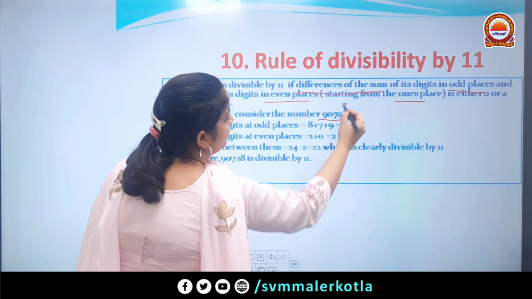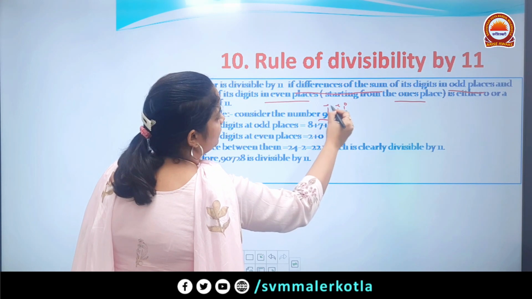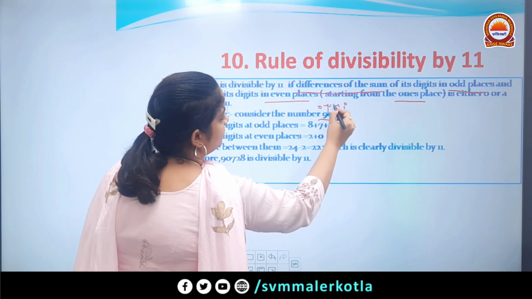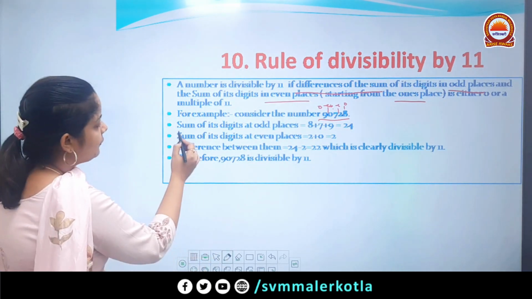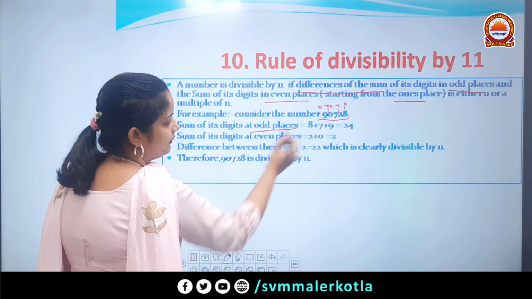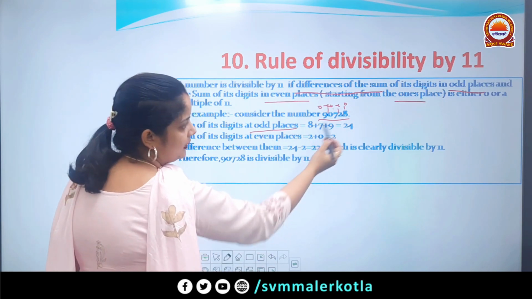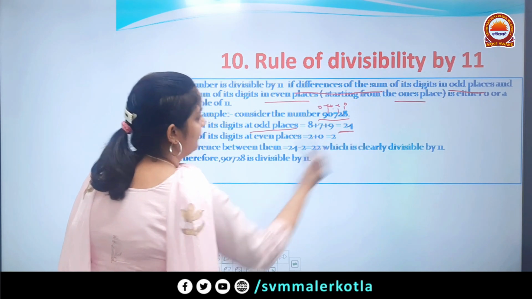This is odd, even, odd, even, odd. So firstly, we will take the sum of digits at odd places, which is 8 plus 7 plus 9, that is equal to 24.